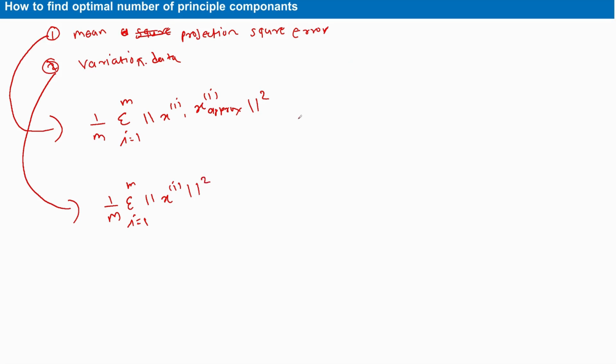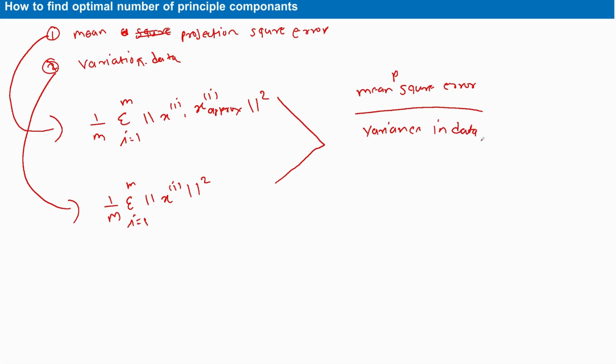After that, we divide these two values: the mean projection square error divided by the variance in the data.